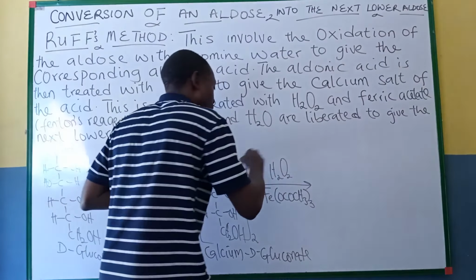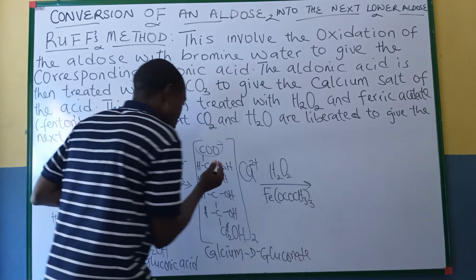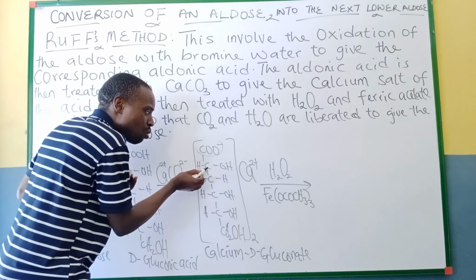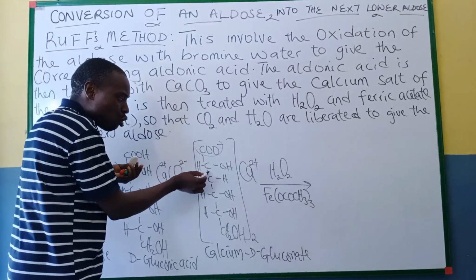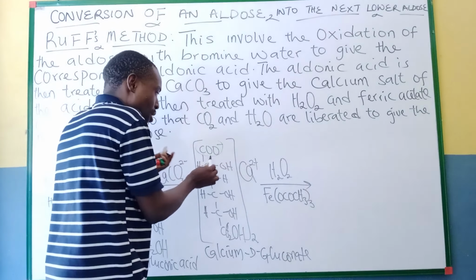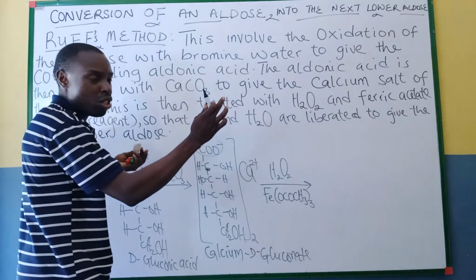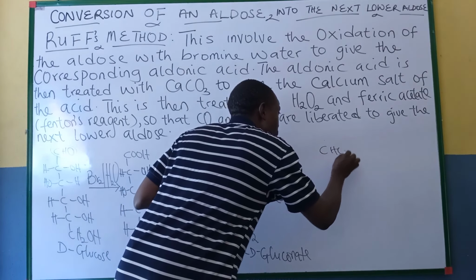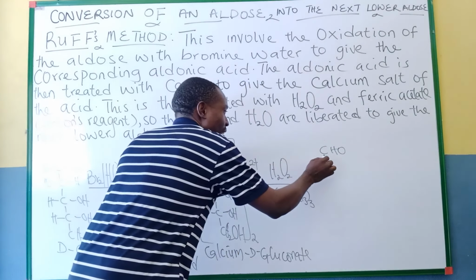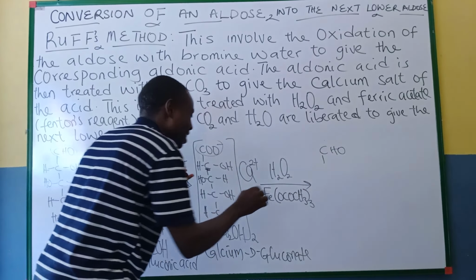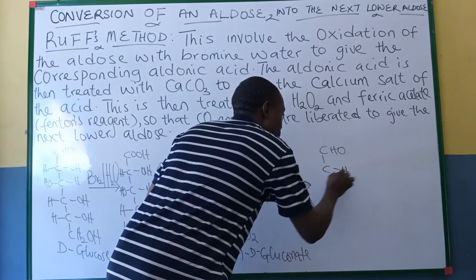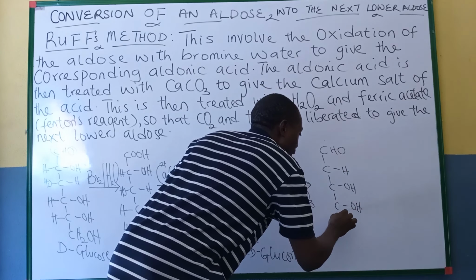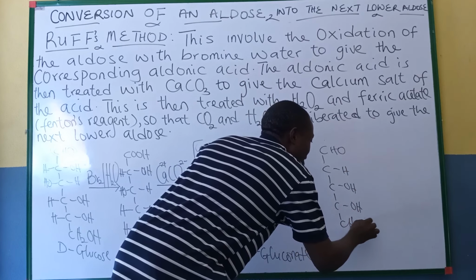So this carbon has already been oxidized to give us the functional group, which is the aldehyde. I mean, this one is already off, which is the CO2. So everything remains the same.